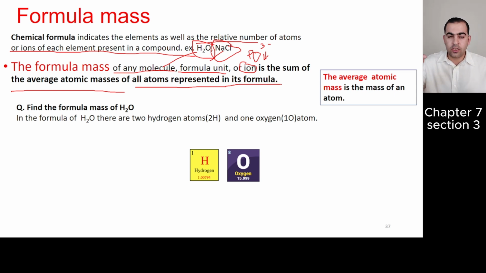So we need to know the number of atoms in a formula, and then the sum of the mass of the atoms in a formula equals the formula mass.